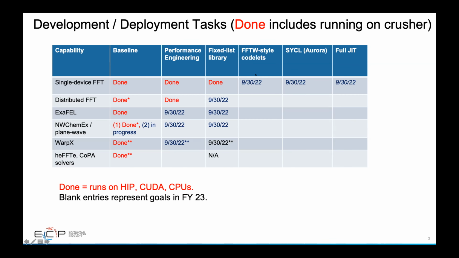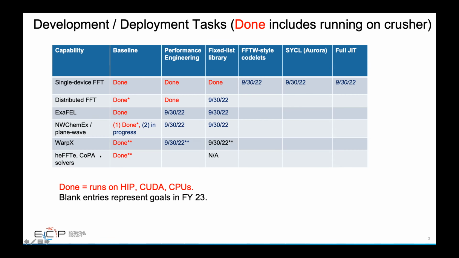But I think that the runtime compilation tools, certainly for NVIDIA, certainly for AMD, are fairly mature, and we need to make an evaluation. Our goal is to make an evaluation in the context of how we would deploy single device FFT. Now, we expect to get fixed list libraries for everything else by the end of September.